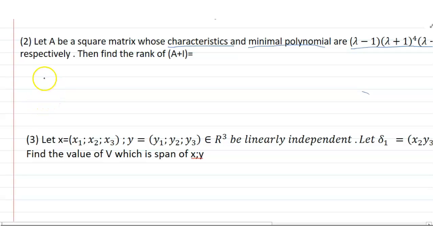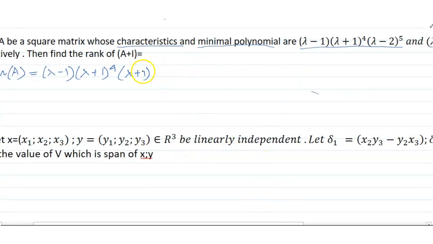So I can write the characteristic polynomial is equal to (lambda -1) and (lambda plus 1) to the power 4 and (lambda -2) whole to the power 5.